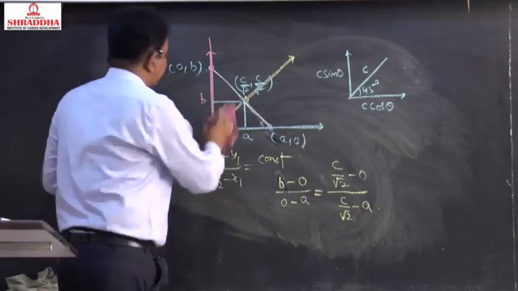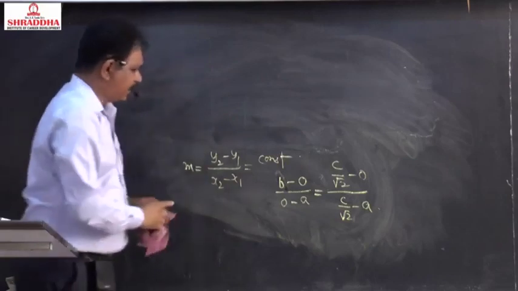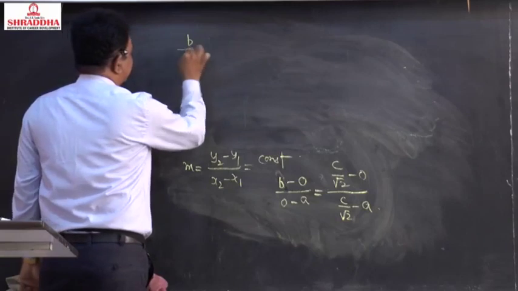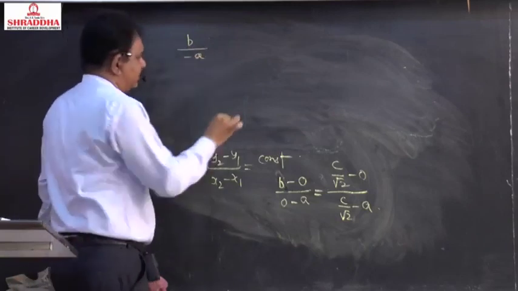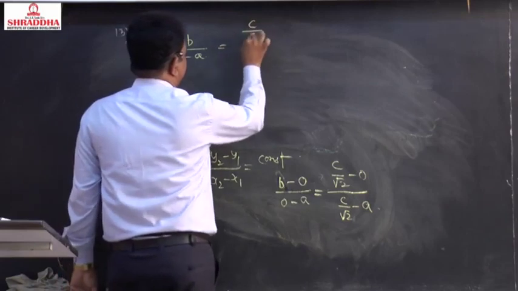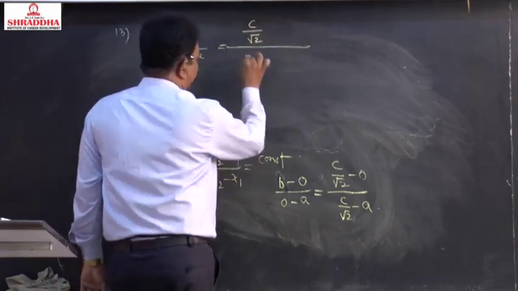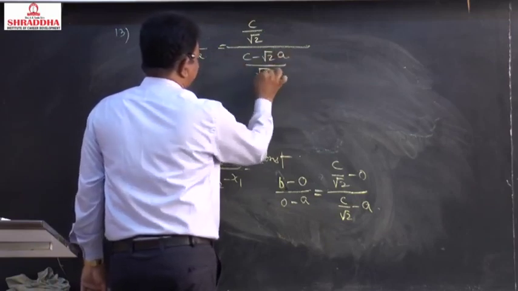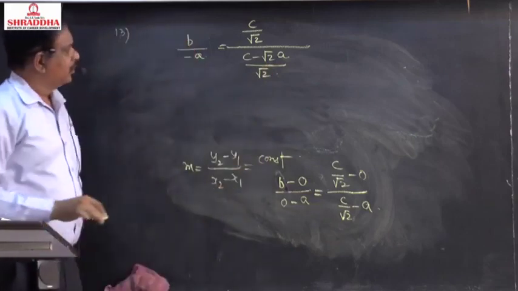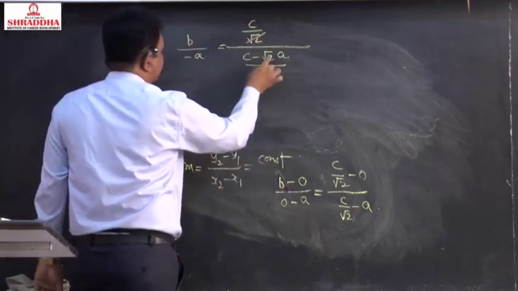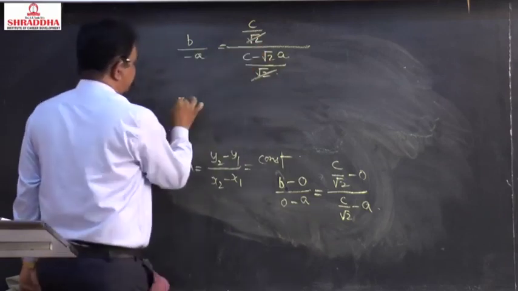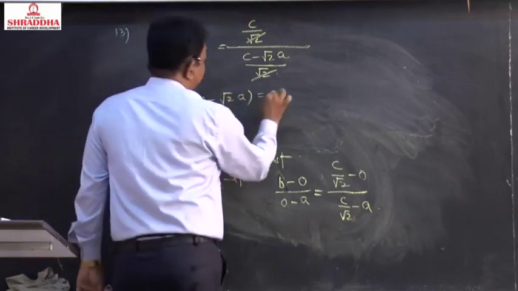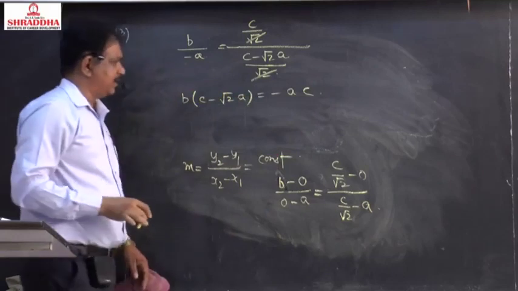Okay? We will do that calculation. See what we will get. See here, b by minus a is equal to c by root 2 divided by c by root 2 minus a. Root 2 cancel. Cross multiply: b into c minus root 2 a gives minus ac.